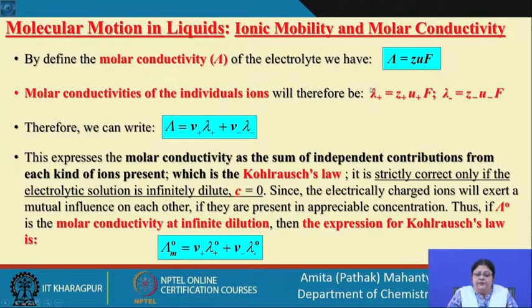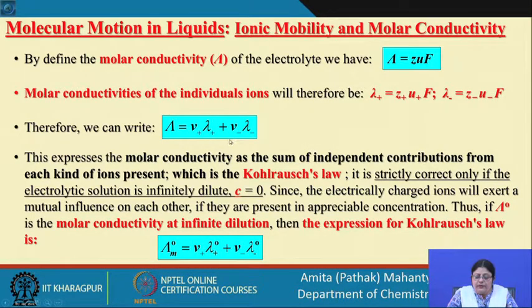Okay. So, if we look into these two expressions, the capital lambda is nothing but this expression, which we have for one type of ion, and this expression for another type of ion.